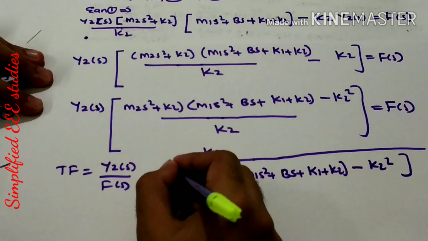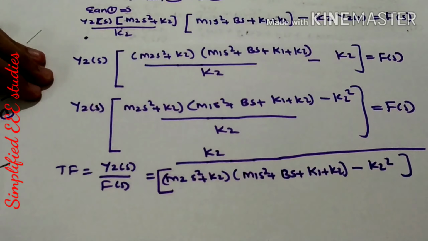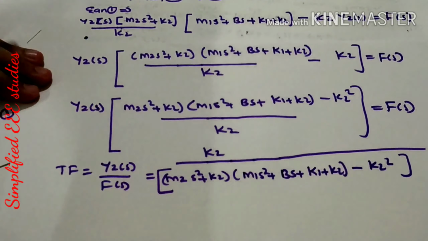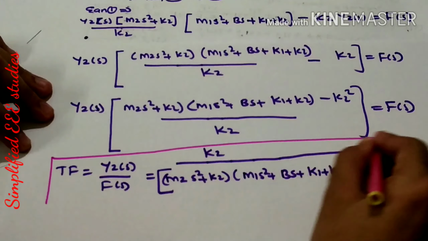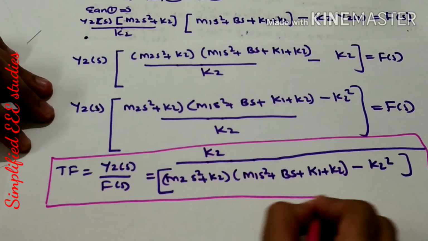You can put one square bracket if you want. So this is the final transfer function. I will be writing by using separate ink for your better understanding. This is your final transfer function.